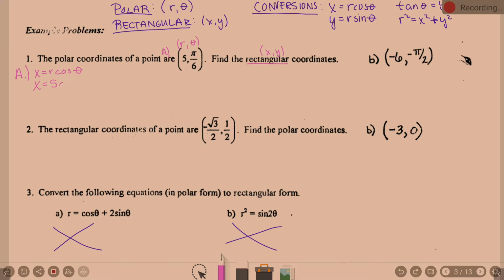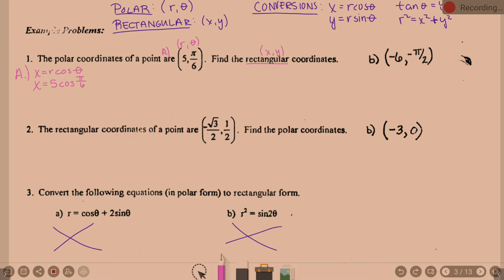So r is 5, and we're doing cosine of pi over 6. Your go-to should always be: don't pick up that calculator until it's something you can't do without it. Pi over 6 is one of our known reference angles, isn't it? So don't go straight to the calculator.